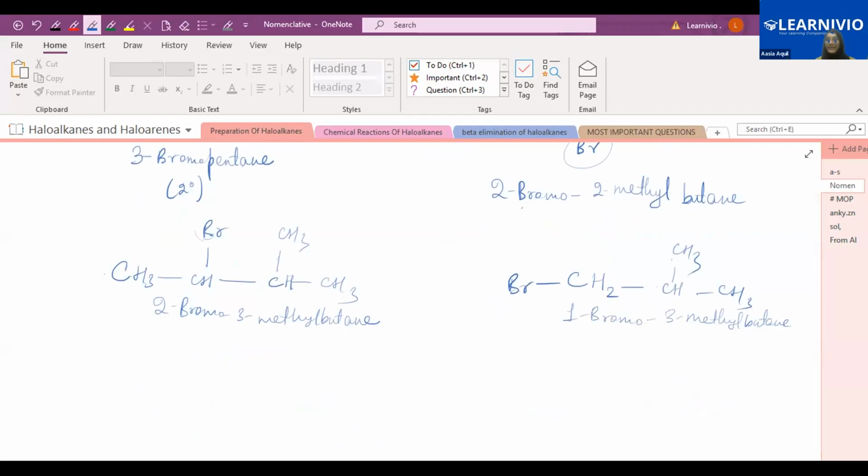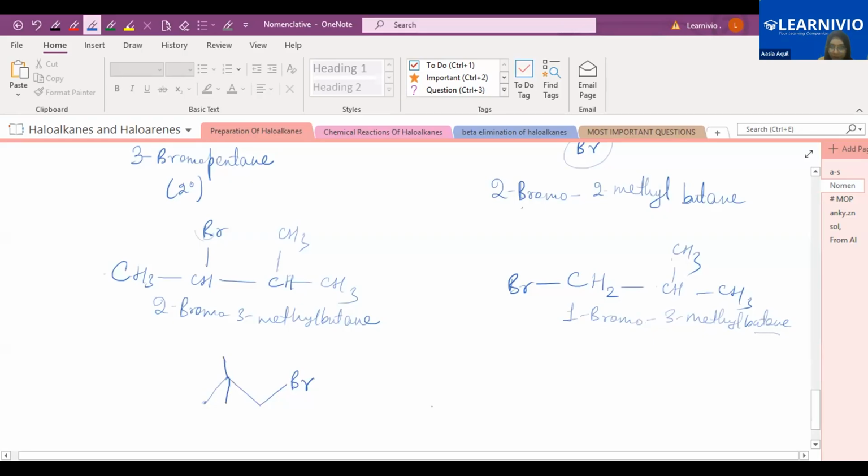Now again, just shorten the parent chain. So it was butane. Now you can draw it for propane, right? Only a 3 carbon chain, 1, 2, and 3. And here the bromine is attached. And for the 2 carbons, because 5 carbons are there and we have used 3, now the 2 carbons you can use as branching, CH3 and CH3.